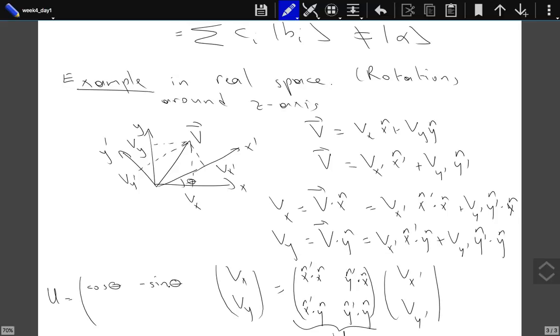X prime hat dot y hat is this unit vector with scalar product with this one. This angle over here is 90 minus theta. Cosine of 90 minus theta is sine theta, and the last element is cosine theta. That is our U.